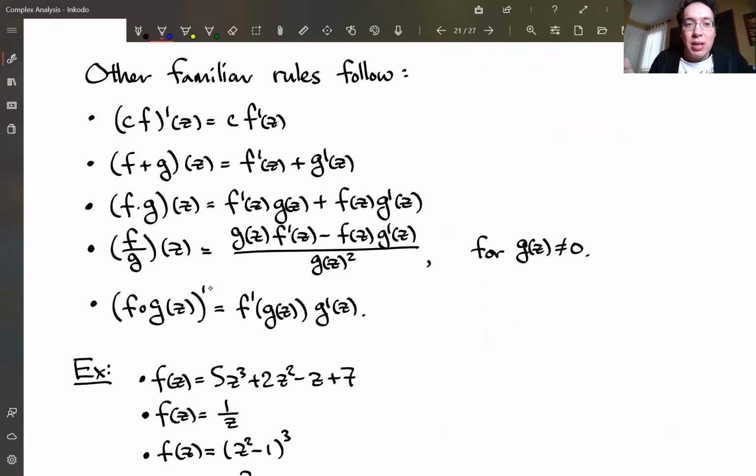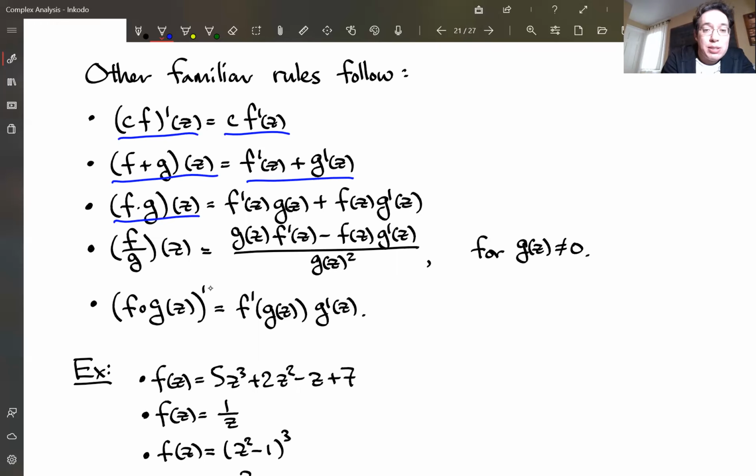And thankfully, other familiar rules follow. If you take the derivative of a constant times a function, you just take the derivative of the function and the constant is unaffected. It stays in front of the function. You could take the derivative one function at a time if the two functions are added together or subtracted. If you have a product, the rule works just the same.